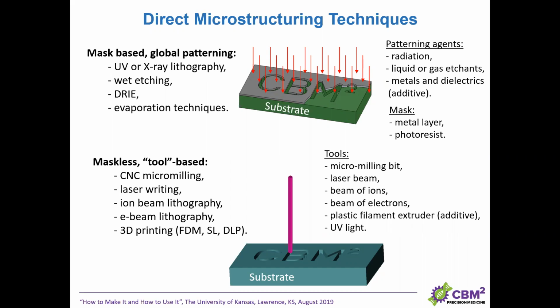The other category in direct microstructuring techniques are so-called maskless, where we use some kind of tool to shape the substrate. This can be CNC micromilling, laser writing, where the tool is a beam of laser. We can do ion beam lithography, where the tool is a beam of ions that can pattern the plastic down to nanometer dimensions, and e-beam lithography.